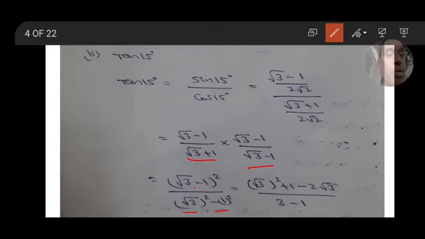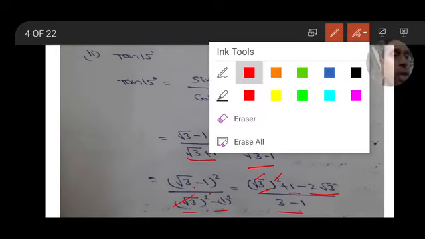Root 3 whole square means square and square root cancel, so 3, and 1 square means 1. 3 minus 1.